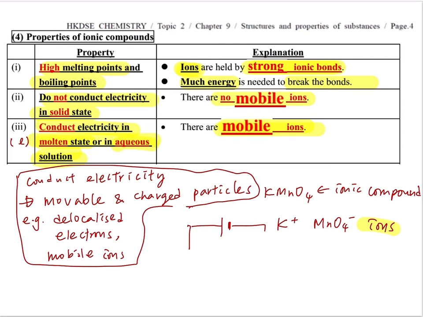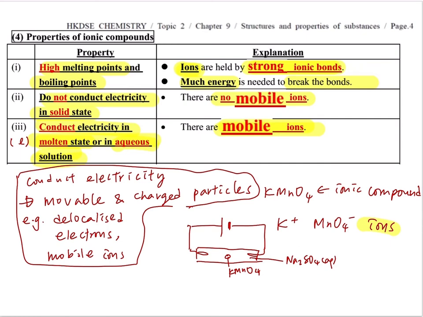And then it is connected to a moistened filter paper. Suppose here is a crystal of potassium permanganate, and inside the filter paper we have some solution, moistened with sodium sulfate solution.